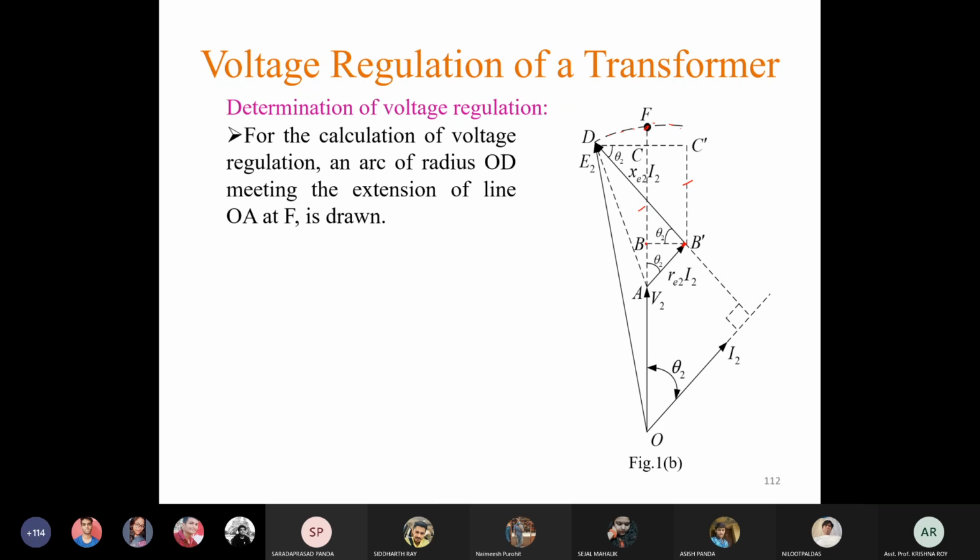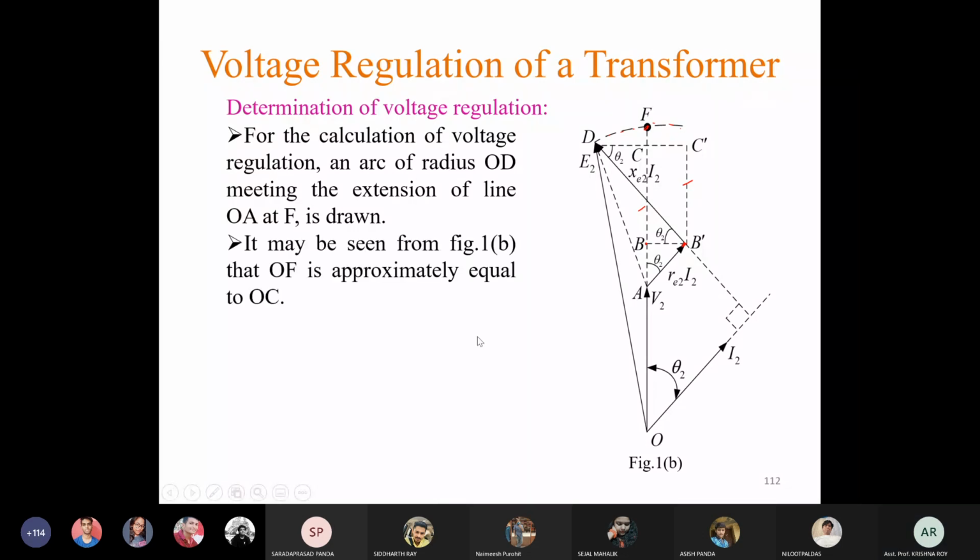So OD and OF are equal, so we can say this OC, this length, is approximately equal to OF, because this length is very small. Okay, so we can write E2 is approximately equal to OC.